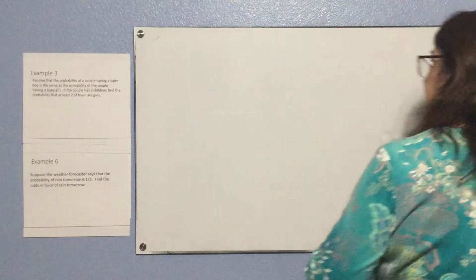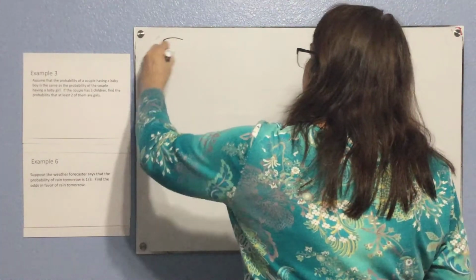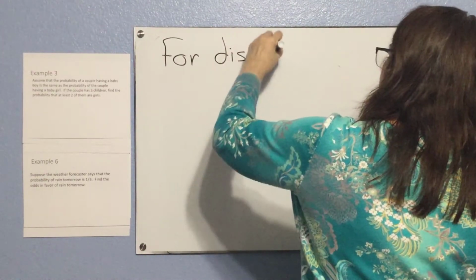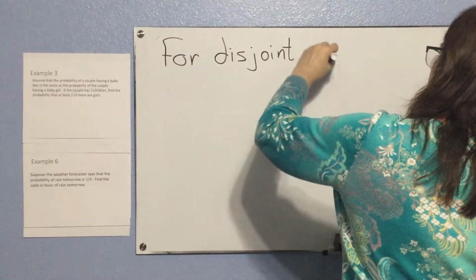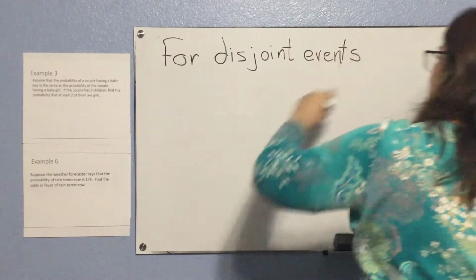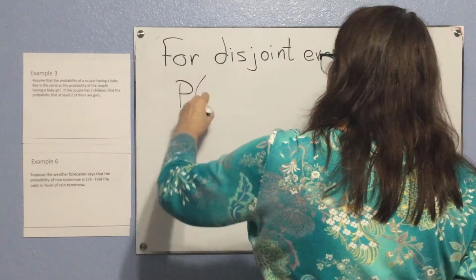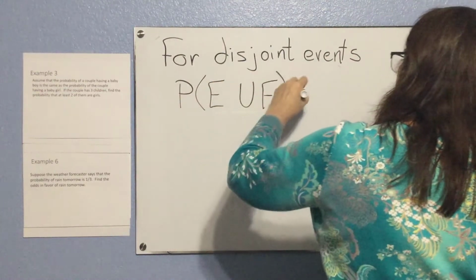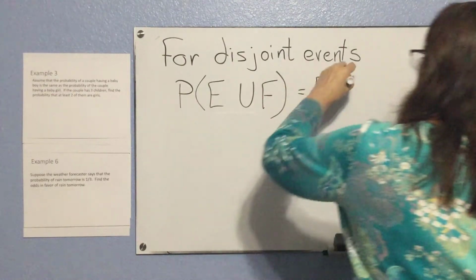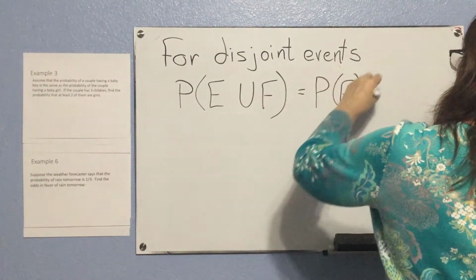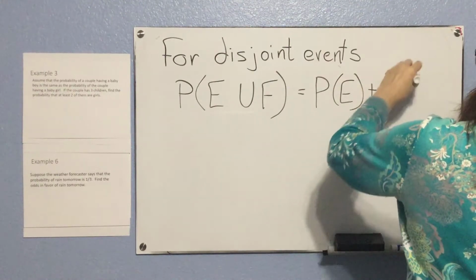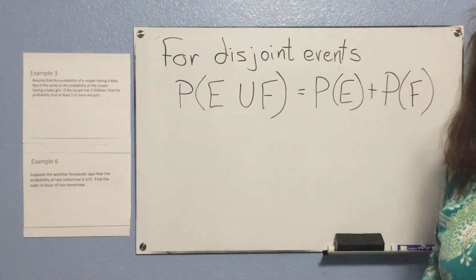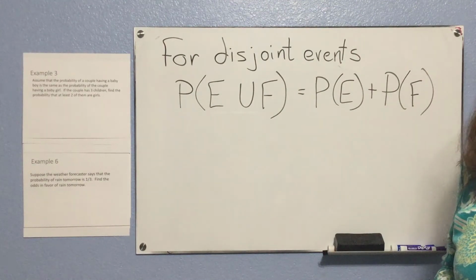So I could say for disjoint events, the probability of, let's say, E union F is equal to the probability of E plus the probability of F. And it is important to remember this only applies if the 2 events are disjoint.